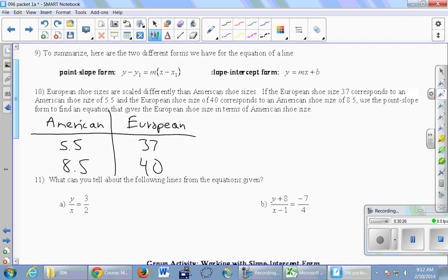And if I just put a little x here and a little y there, I can now completely forget about all the stuff in the problem. I can completely ignore the context and just say, oh, this is just 2 points, 5.5 comma 37, 8.5 comma 40. And it's just 2 points. And we know how to find the equation of a line with just 2 points. What's the first thing we need to calculate? The slope. So let's find the slope.